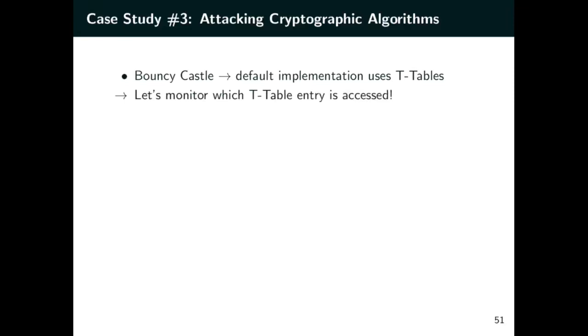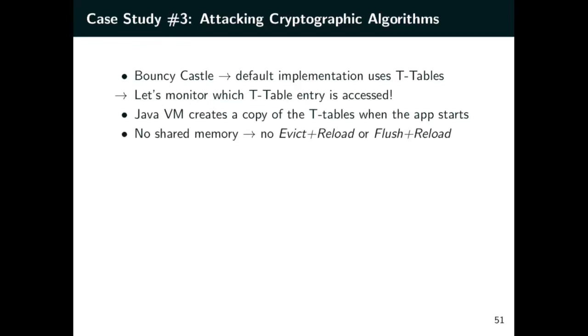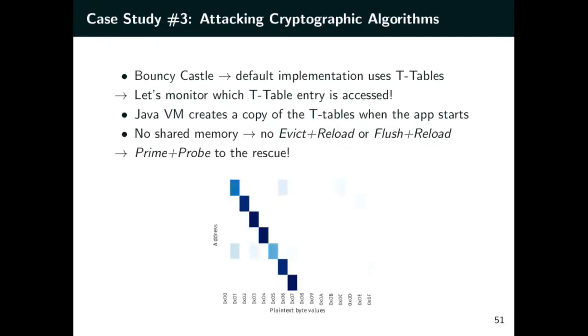Now the difference between this attack and the previous one is that for the previous one we had some kind of shared memory. Here the Java virtual machine creates a copy of the T-table when the app starts. So it means that we do not have any kind of shared memory, so we cannot use Evict+Reload or Flush+Reload. But at the beginning, I've shown you we have Prime+Probe if we don't have any kind of shared memory, so we just use that.